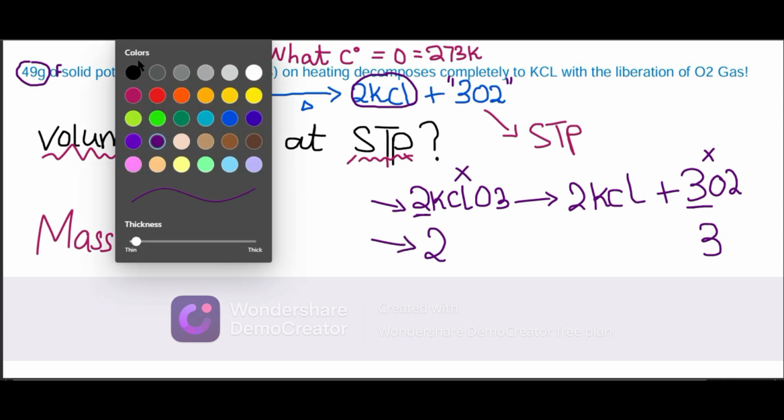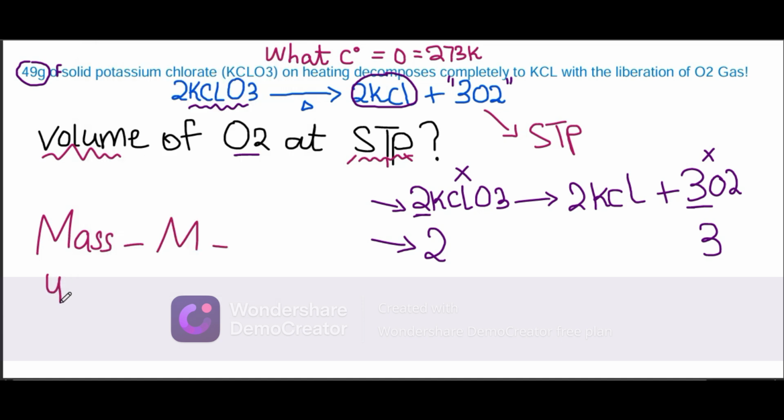So I would like to add moles, and how will I calculate that? Moles is my given mass over molar mass. The molar mass of potassium chloride, KClO3, I don't know offhand, but let's just calculate it.